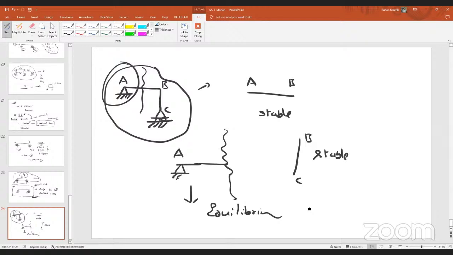If it is stable, then it should satisfy the equilibrium equations. Let us say I am saying AB is unstable, do you think my structure is stable?